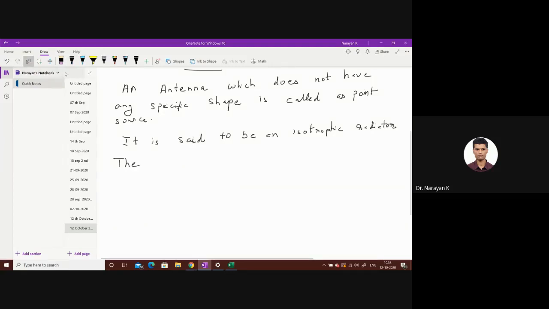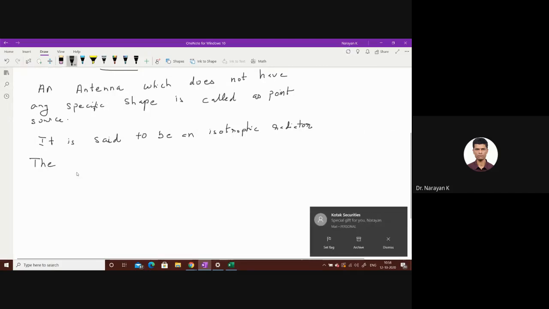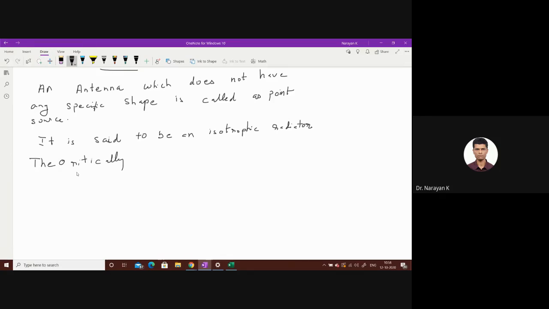Theoretically, the efficiency of a point source is 100%, either as a transmitter or receiver.